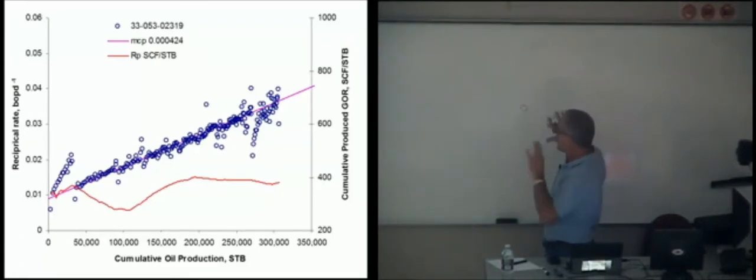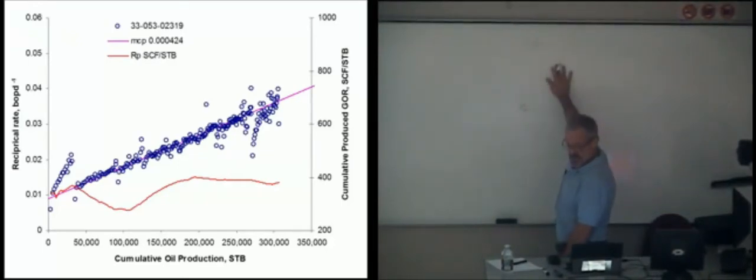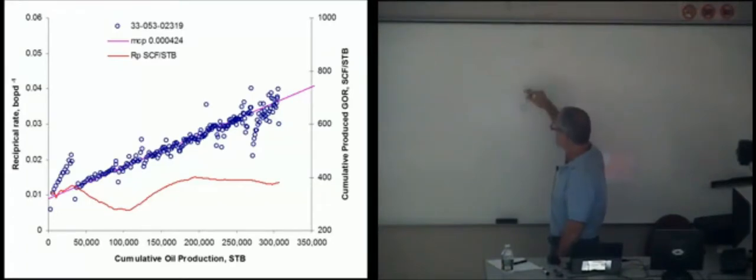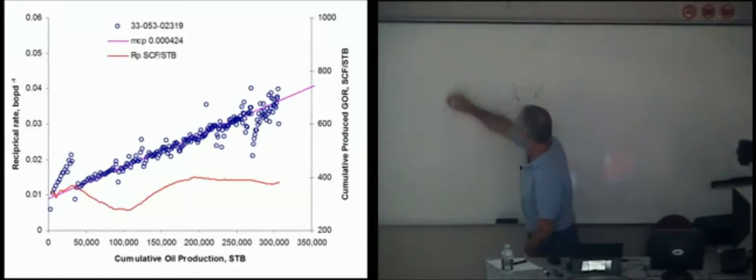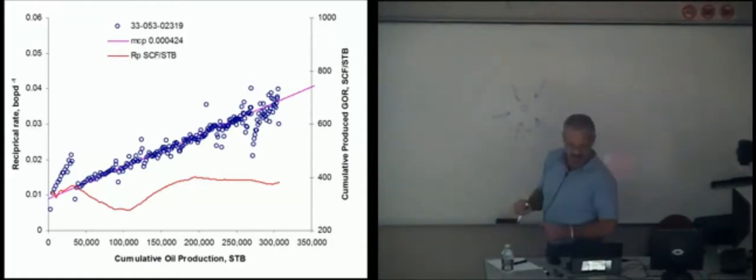If this whiteboard represents the reservoir we're producing from, and it has a higher pressure from here, your flow streams look like this, and your isobaric map looks like this. We call that radial flow.